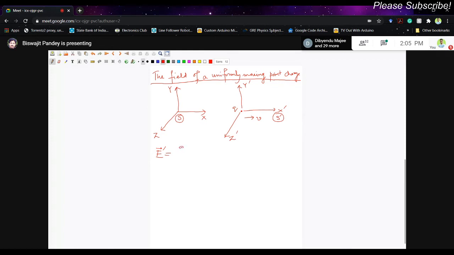It is Q over 4 pi epsilon 0, then, as you said, we can write it vectorially, r prime by r prime cube, right? Because Coulomb's law is inverse square, 1 by r square. So I am writing r prime vector by r prime cube. And the magnetic field, of course, will be 0 because the charged particle is at rest in the prime frame, right? So the field is purely electric field. So you get a purely electric field in this frame.